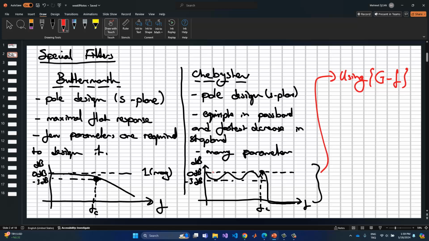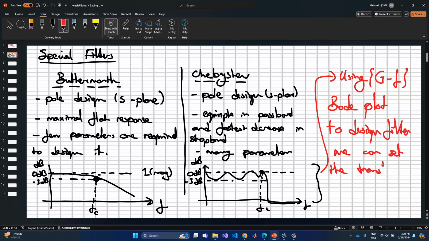If we condition these Bode plots or this magnitude versus frequency graph, we can design the filter, we can set the transfer function, or in another case, the filter, to the specific parameters, okay?